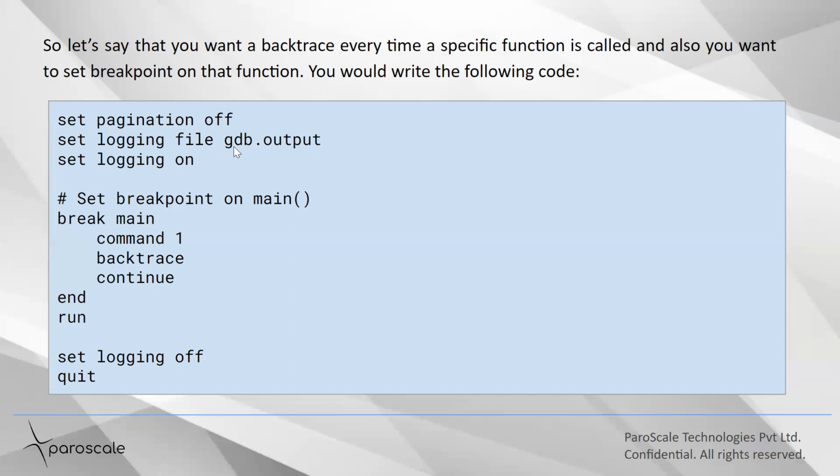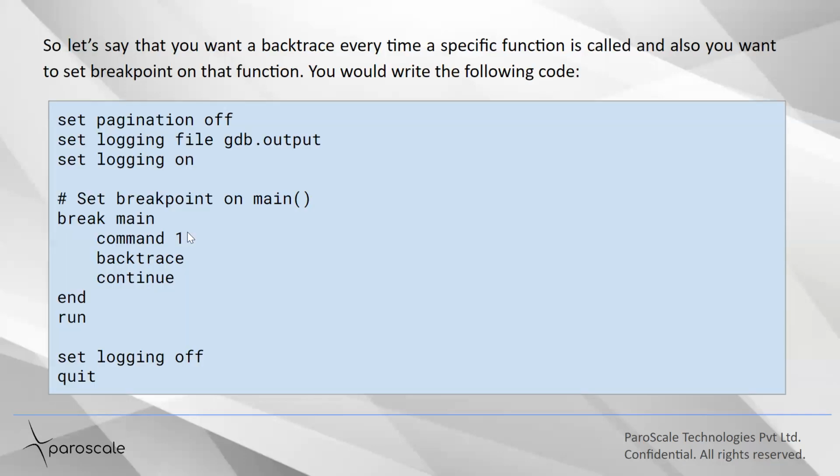Then I start logging GDB's output, and I set a breakpoint on the main function. Here I added a breakpoint on main, and I also use the command, with the breakpoint number, that is 1.